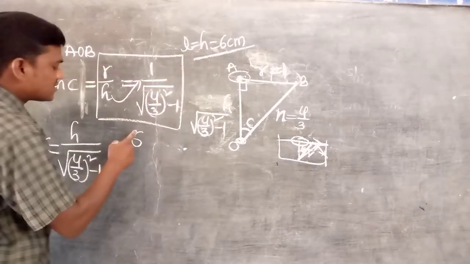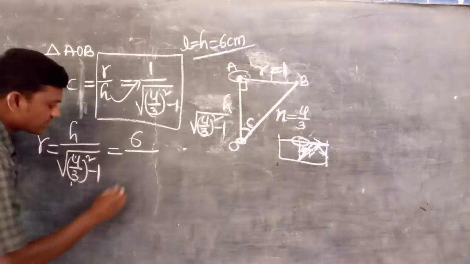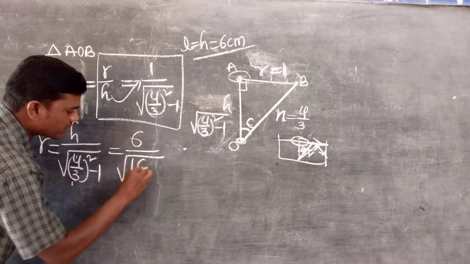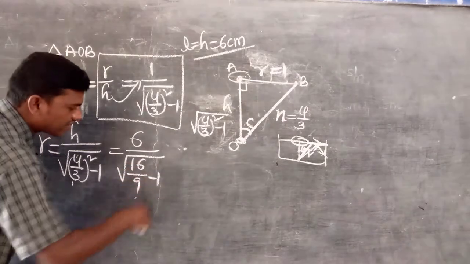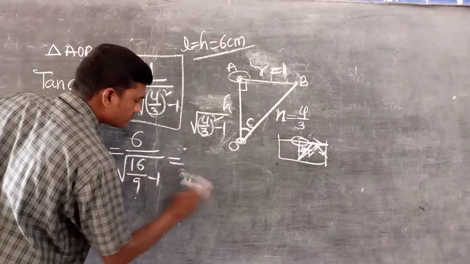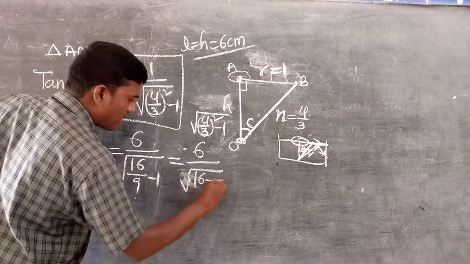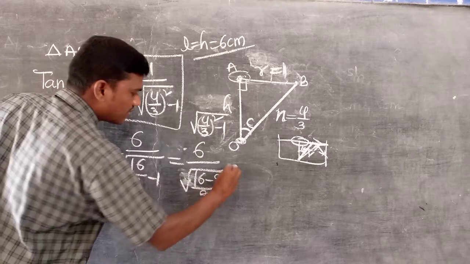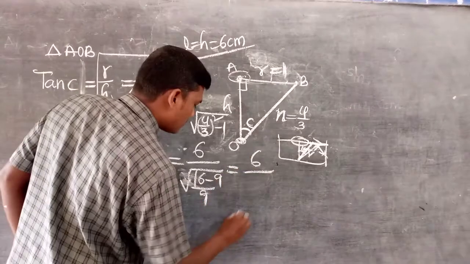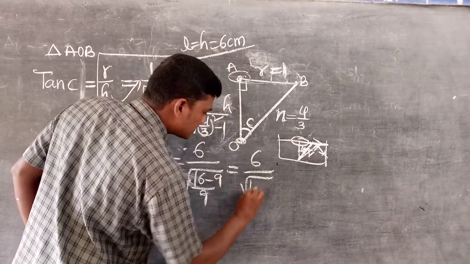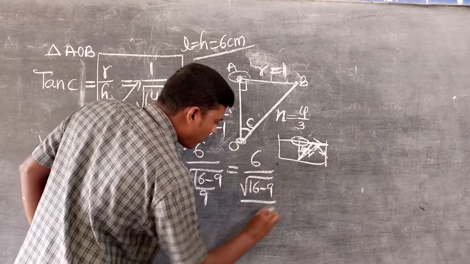The length of the needle is 6 upon 4 by 3 square minus 1, that is root of 4 square, means 16 upon 9 minus 1, that is equal to 6 upon root of (16 minus 9) upon 9, that is equal to 6 by root of (16 minus 9) upon 3.